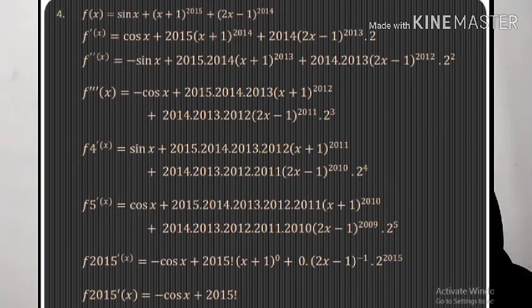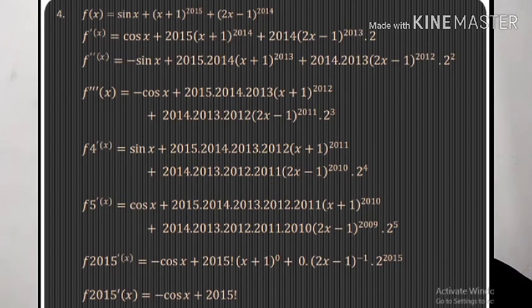Look at this. The derivatives of sine x, we know that it repeats every 4 times. But for the derivative of (x plus 1) to the 2015, look at the coefficient. It starts from 2015 till 2016 minus the degree of the derivative. For the third derivative, it starts from 2015 times and so on till 2016 minus 3.